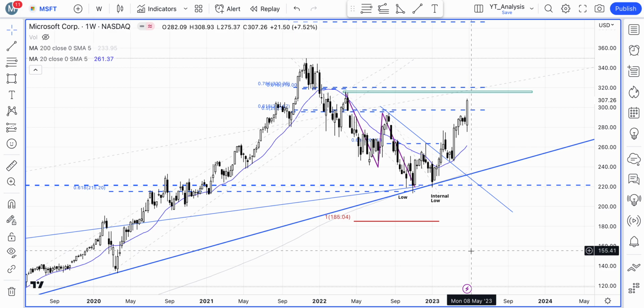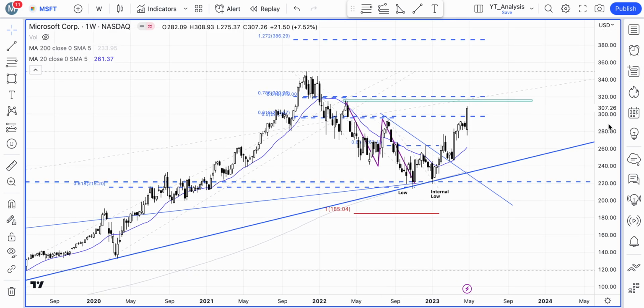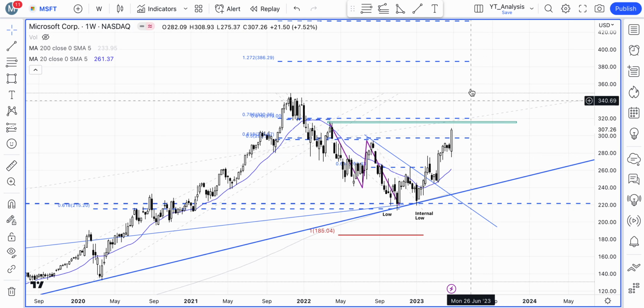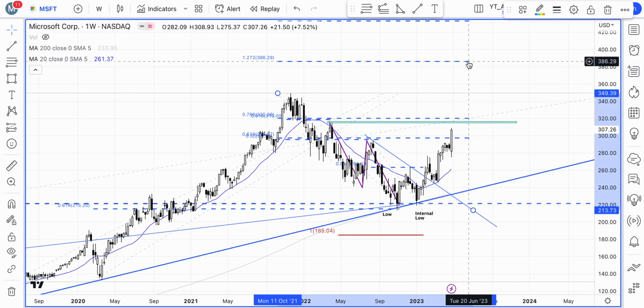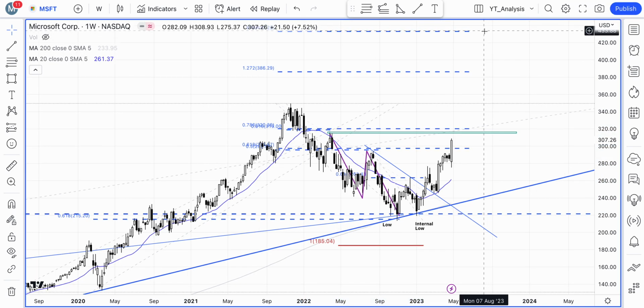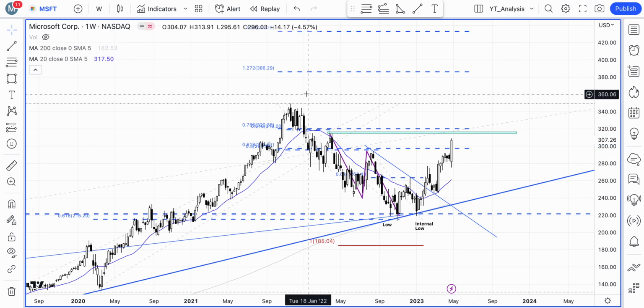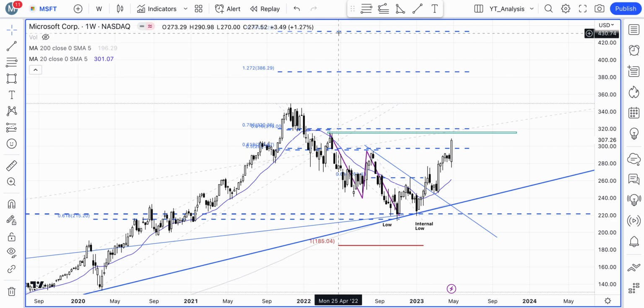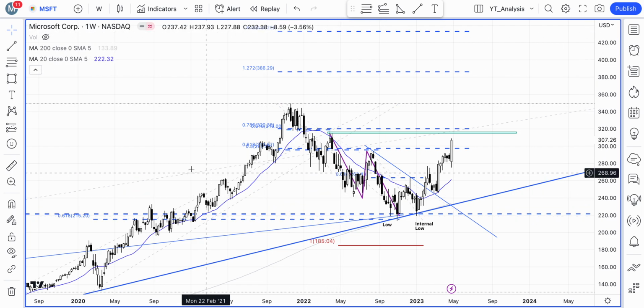So from a momentum perspective, it's pretty good. So how high could it go? It would go to 386, followed by 432. That's the 1.27 and 1.618 expansion.